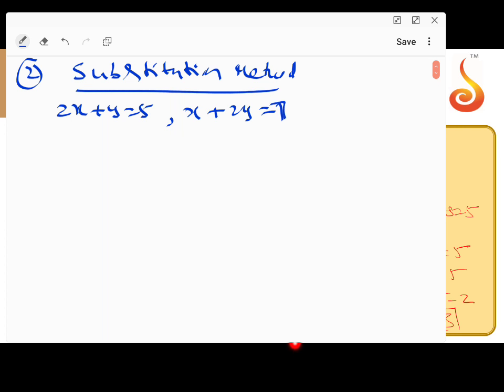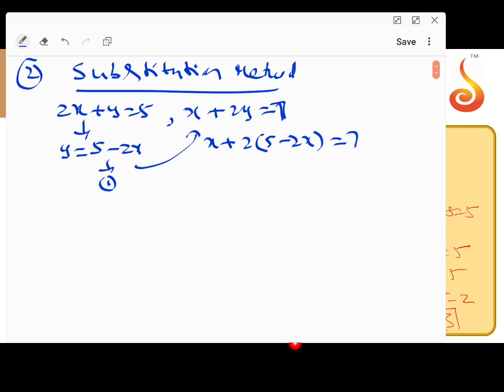In this method, we can take one variable from the first equation. So from the first equation, we take the y value. What is the y value? 5 minus 2x. Let us consider this equation 1. This value we substitute in the second equation in place of y. Because you are getting the y value from the first equation as 5 minus 2x, you can substitute.